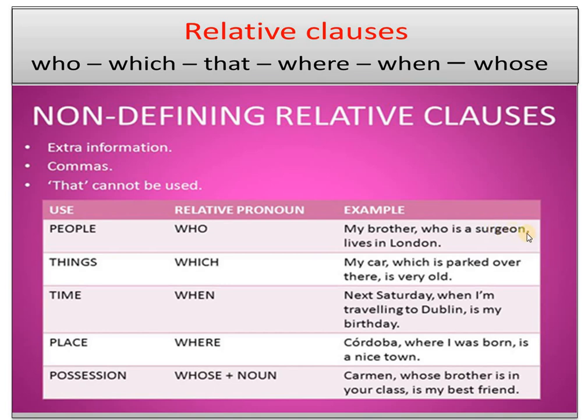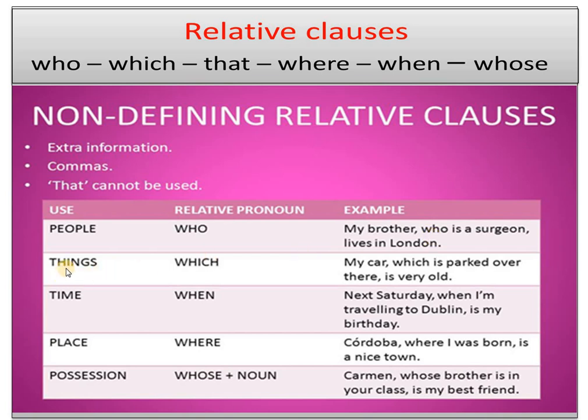This is another comma. So the extra information has a comma before it and another comma after it, and then the rest of the sentence, lives in London. The main sentence was my brother lives in London, but we put this clause as extra information. So this kind of relative clause is called non-defining. The first one was called defining, but this is non-defining.